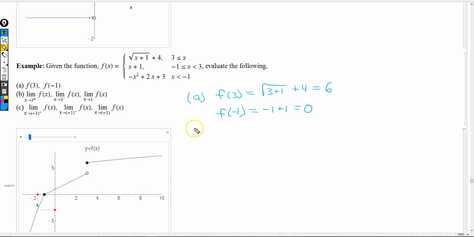Now part B, let's see, the right-hand limit. Okay, so if x is approaching 3 from the right, let's see, then I'm going to use this piece of the function. So it's going to be the square root of x plus 1, plus 4.